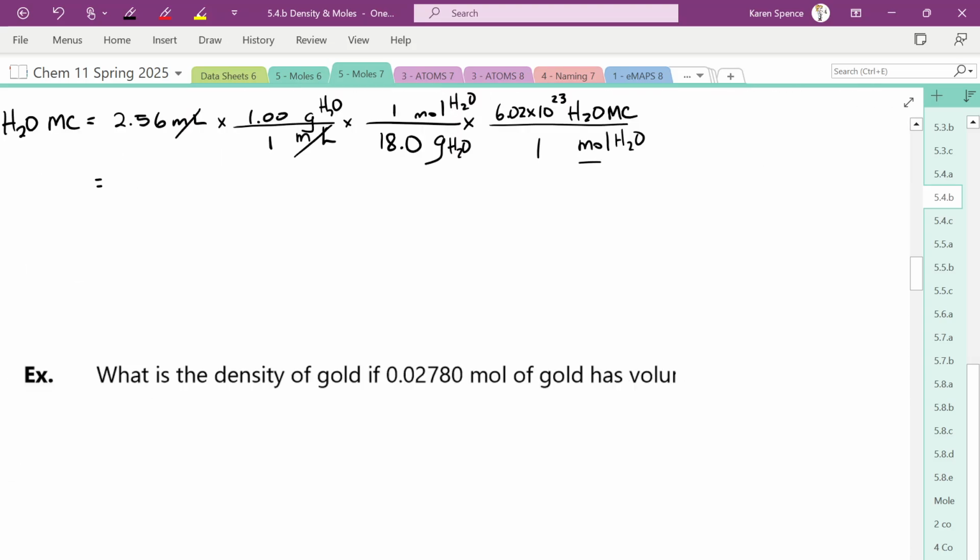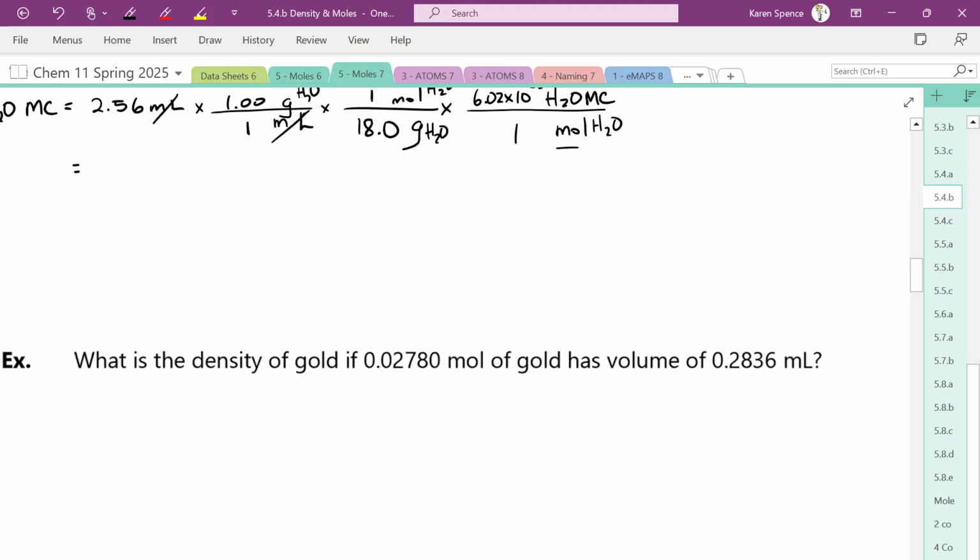Okay, so this is the example at the bottom of the page. What is the density of gold if we have 0.02780 moles and it has a volume of 0.2836 milliliters.